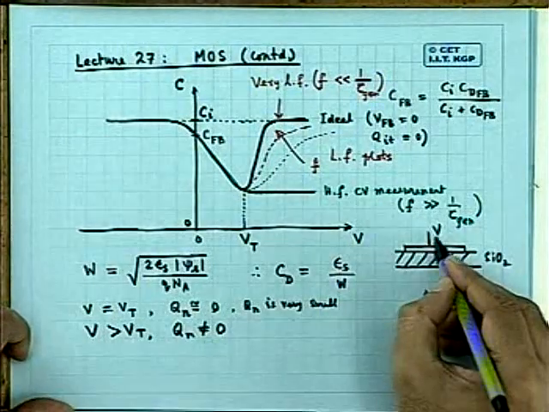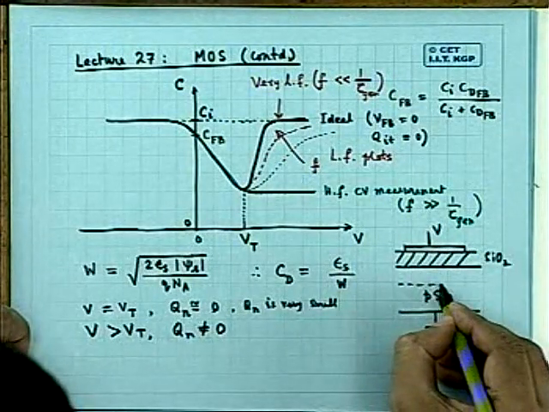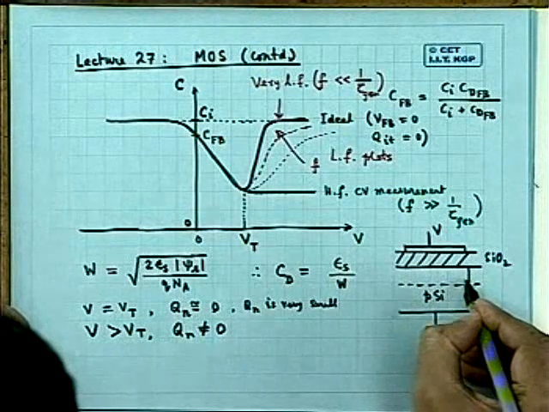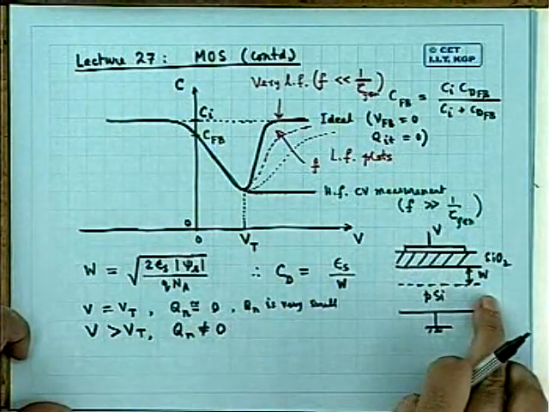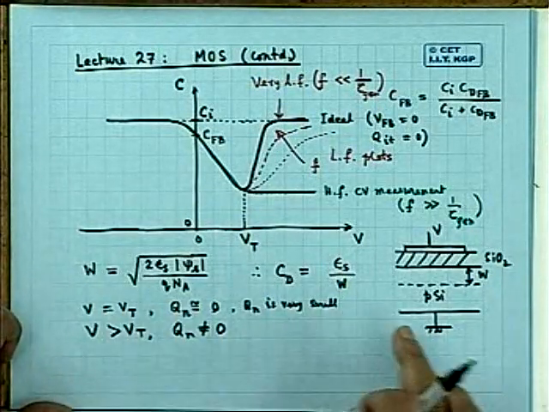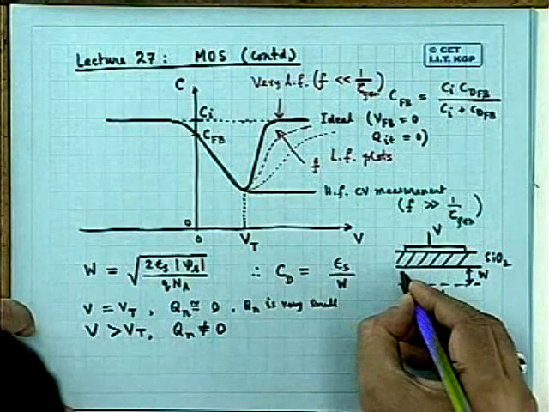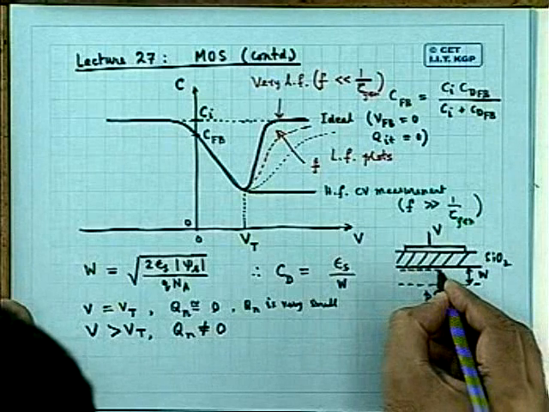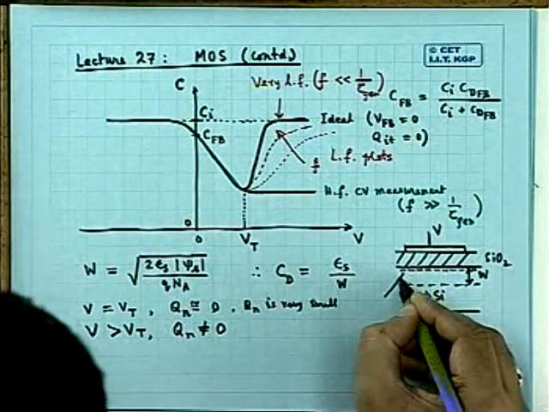And I said that when you apply a positive bias, a depletion layer is created, and that depletion layer width is W, whatever expression I have written here. As you exceed a voltage which is more than Vt, electrons start accumulating at the surface. This is the inversion layer.